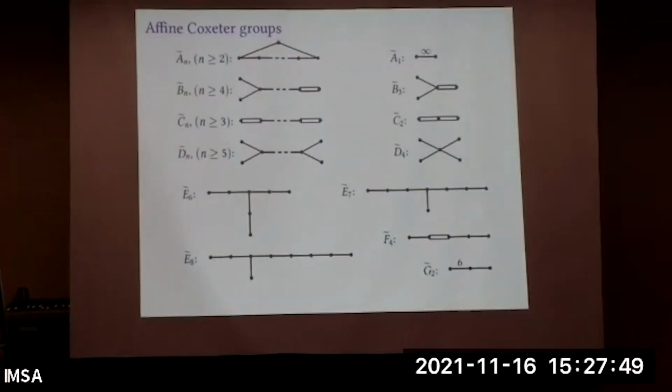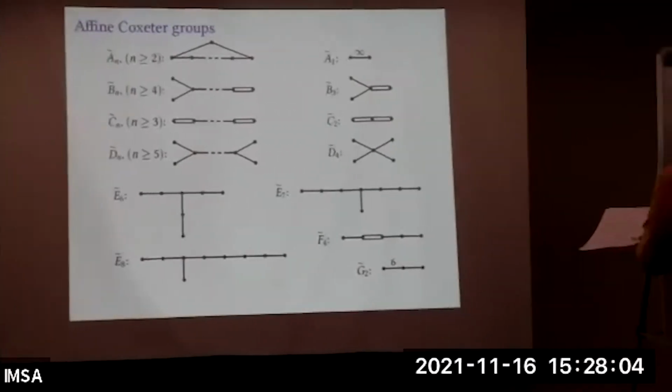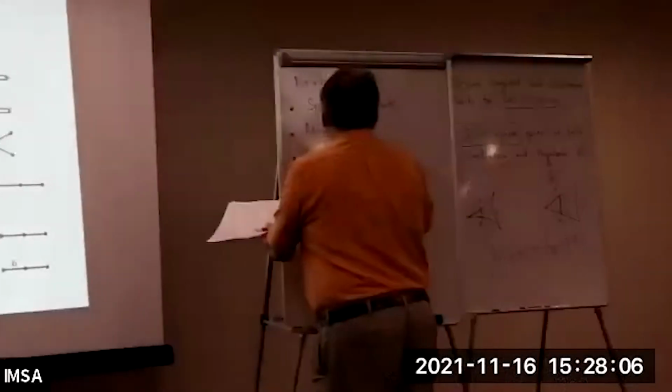I listed special cases of this on the right because sometimes it's hard to figure out how they look. And also a notable case is the so-called linear hyperbolic ones.